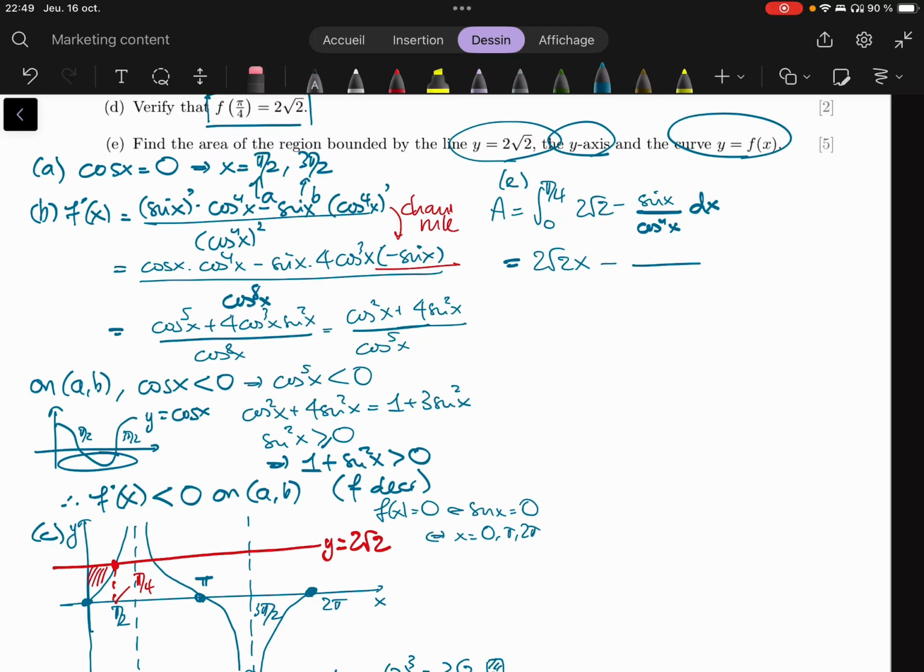You can read off the answer as cos to the power of 3 of x, and then we need to add a constant to it. So it should be, say, a 3 over here.